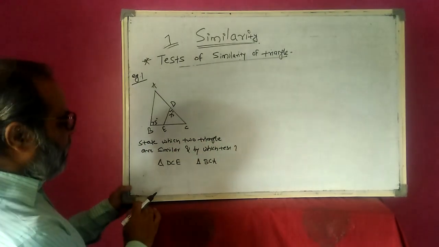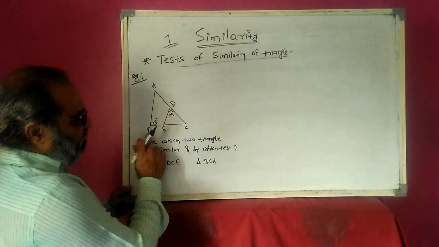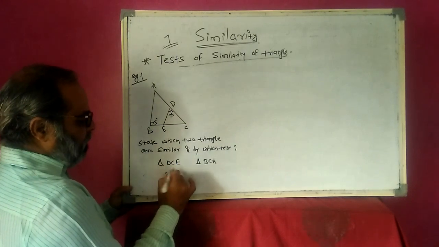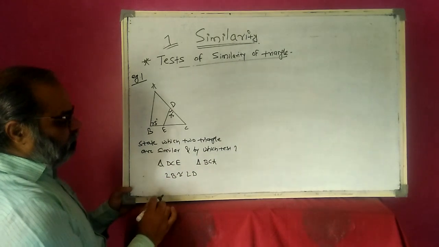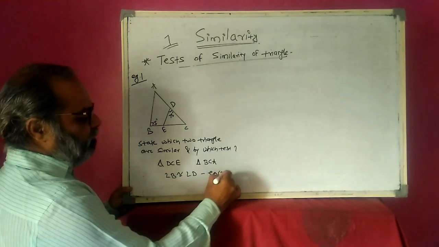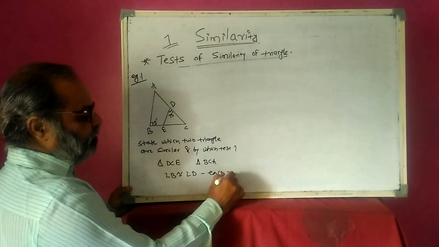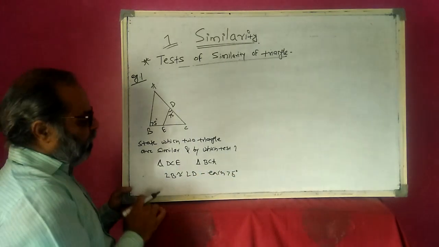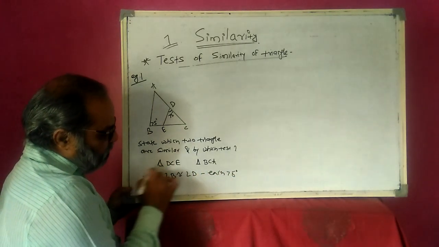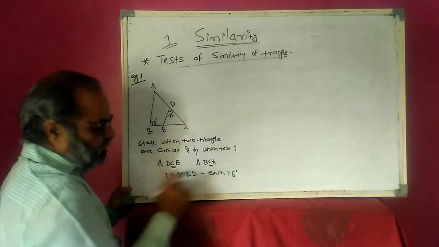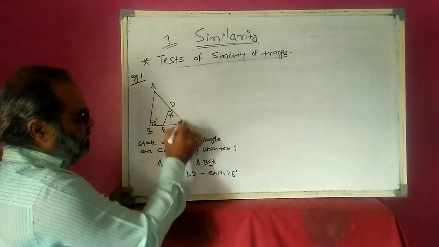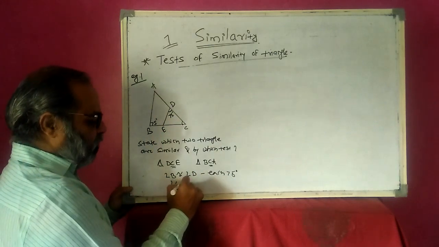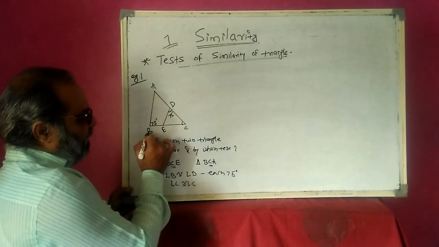So in these triangles, angle B is congruent to angle D because each has measure 75 degrees. Again concentrate here: angle C is one common angle. Angle C in triangle DCE is congruent to angle C of triangle BCA.